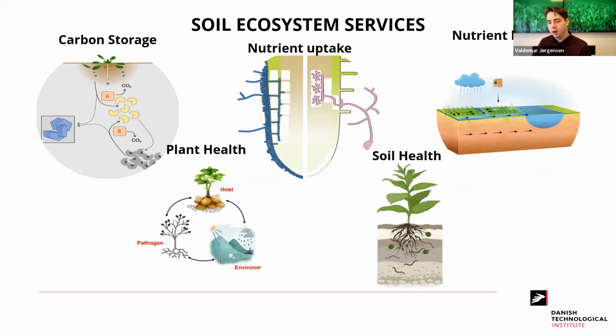Fungi aid in uptake of nutrients for plants. It's also the microbiome in the soil and how it deals with nitrogen and other nutrients is important for nutrient leaching, and how nutrients that are supposed to stay on the field end up in the environment around the fields, like in waterways and situations like that.